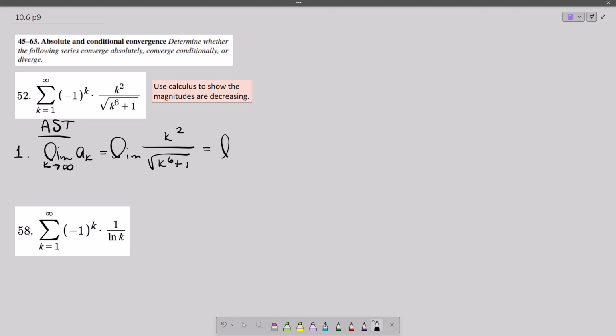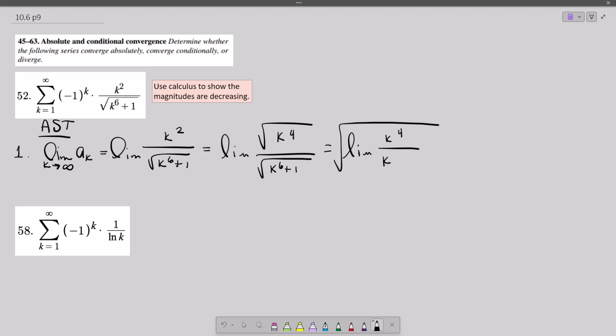Everything is positive, so you can make the top share the same root as the bottom, and then push the limit to the inside, so you can take the square root of the limit of k to the 4th over k to the 6th plus 1.